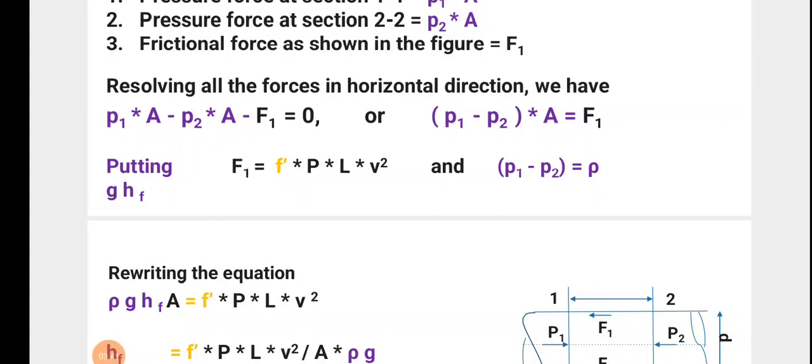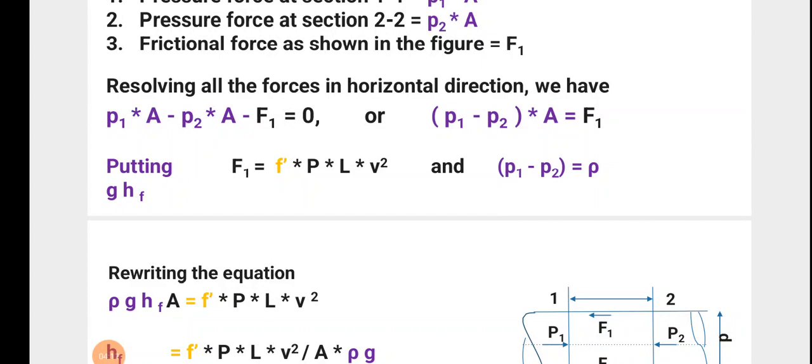Now resolving all the forces in the horizontal direction, we have P1 into area minus P2 into area minus F1 equal to 0. Here we consider F1 as negative because frictional resistance always acts in the opposite direction of flow. So we can write it as P1 minus P2 into area equal to F1.